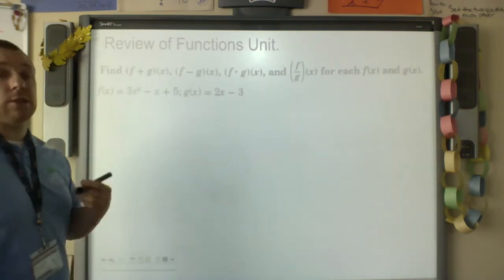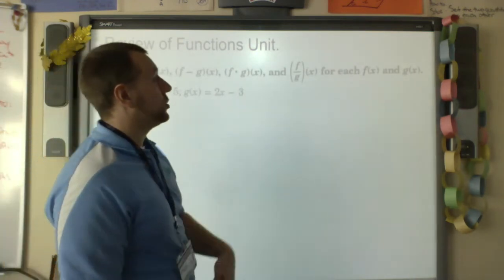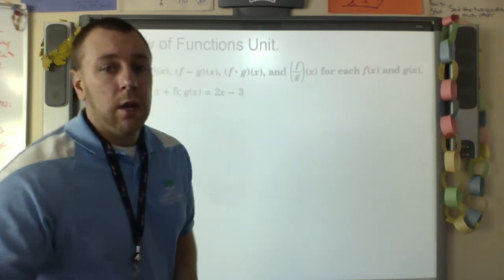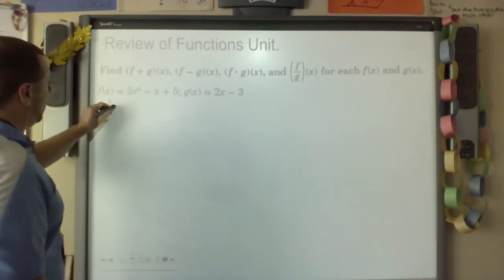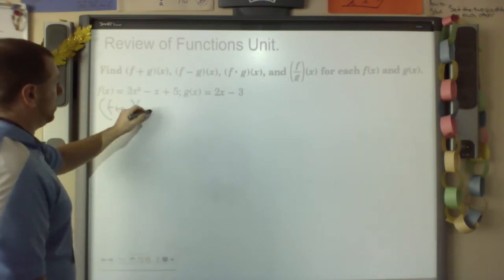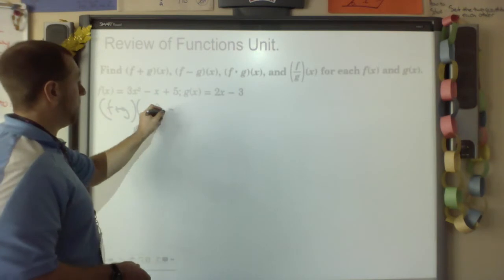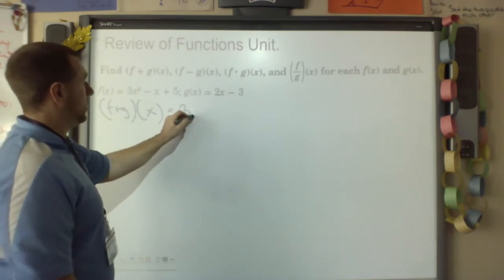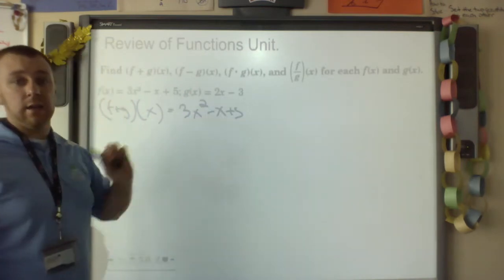For this one, these are your function operations. So there's the addition, subtraction, multiplication, and division. So for addition, okay, f plus g of x, all I do is I take my f function and then I add my g function.